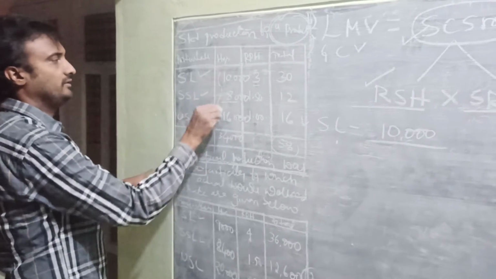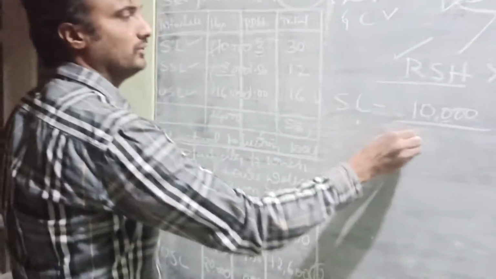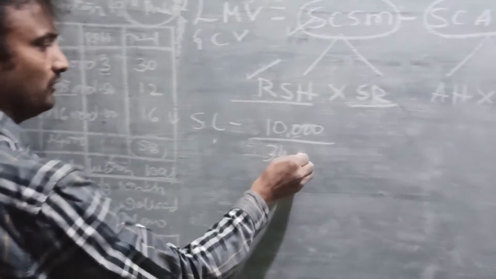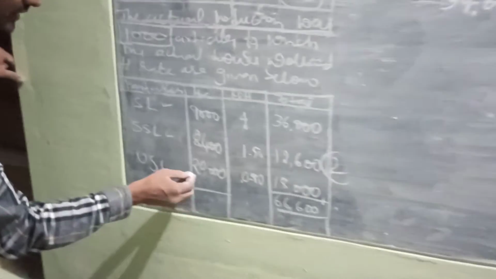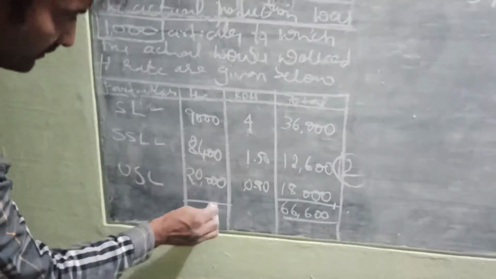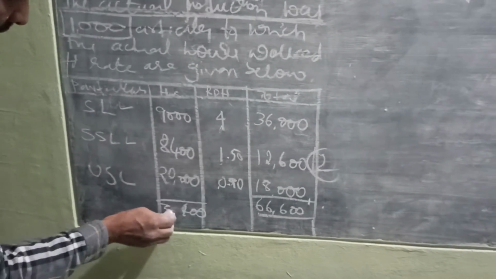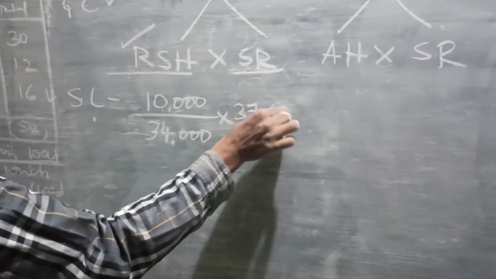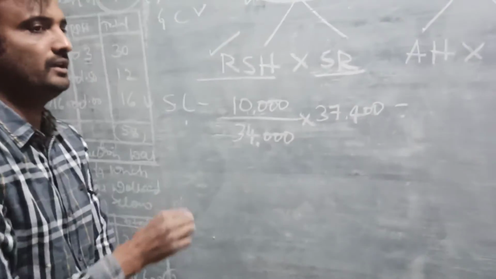If you add all these, it comes to 34,000. So 10,000 hours for 34,000 hours. What is for actual hours? That is 20 plus 8,400 plus 9,400, that is 37,400. So what is for 37,400 hours?